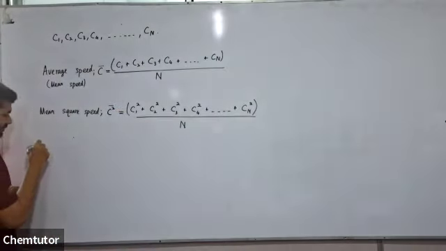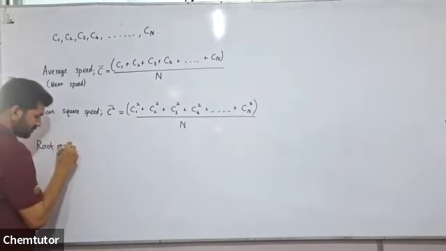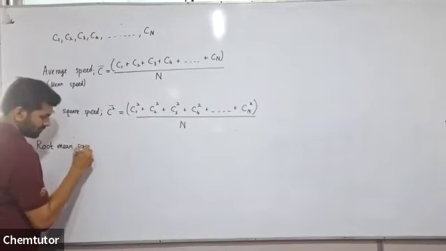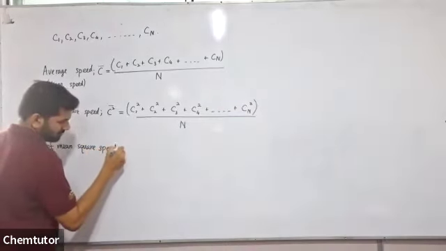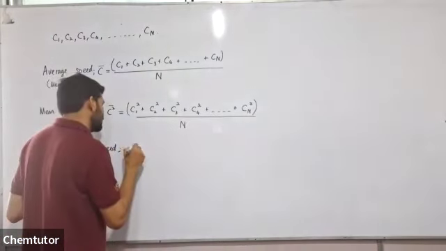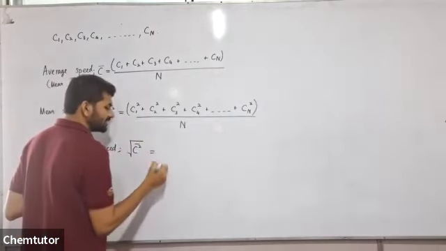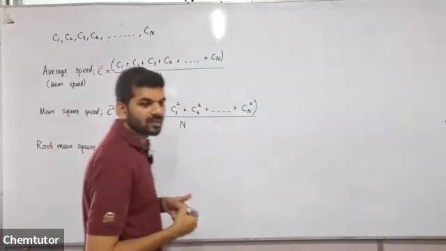Another one is the root mean square speed, which is the square root of C square.